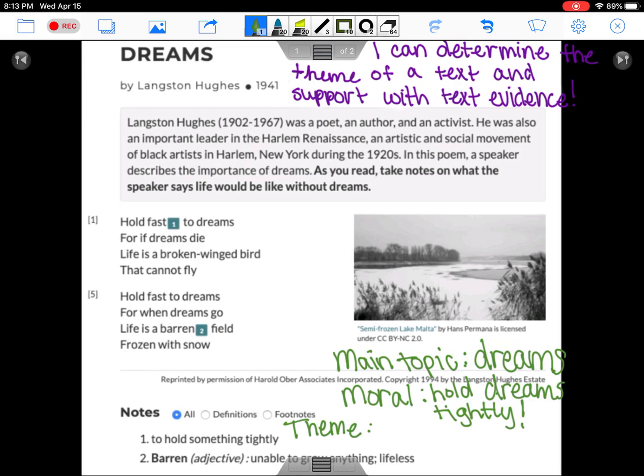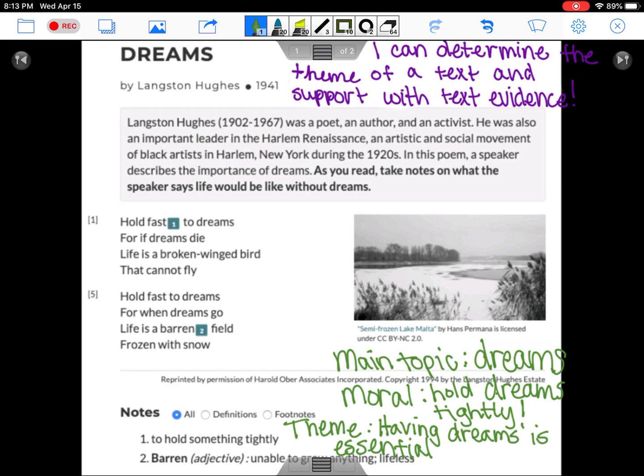They're telling me that life is a broken-winged bird without dreams, and life is a barren field without dreams. So it seems like the theme of this poem is going to be having dreams is essential to part of life.